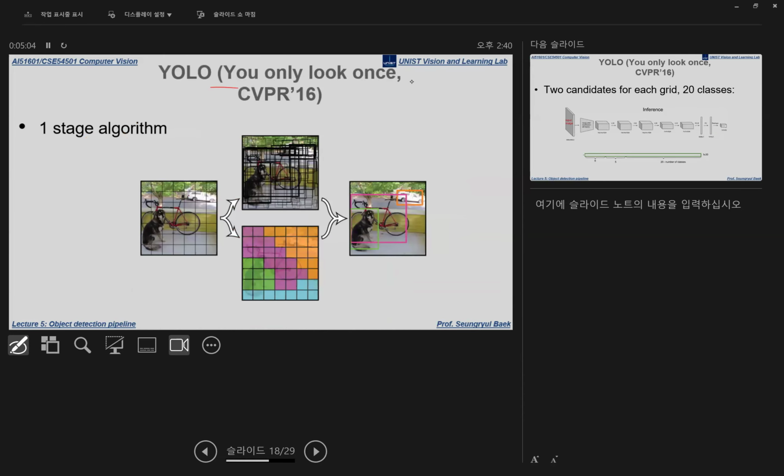But YOLO is called a one-stage algorithm because it simultaneously estimates the bounding boxes and also the probability for the regions, and then applies the NMS algorithm, non-maximal suppression, to filter out unnecessary bounding boxes. That's YOLO.